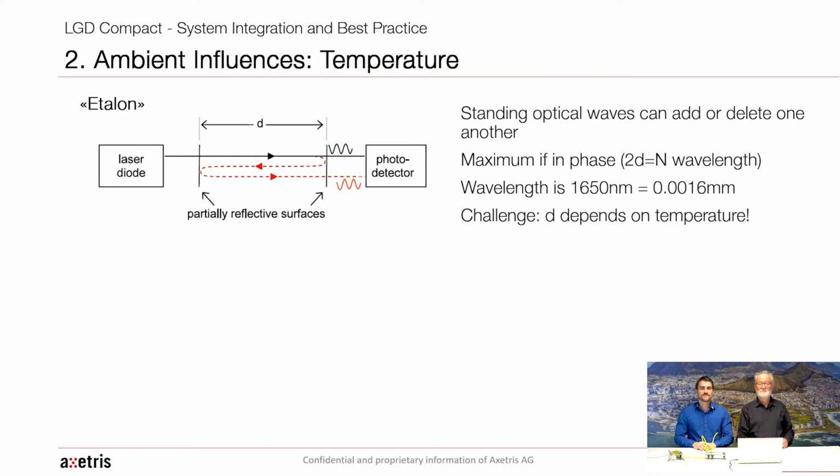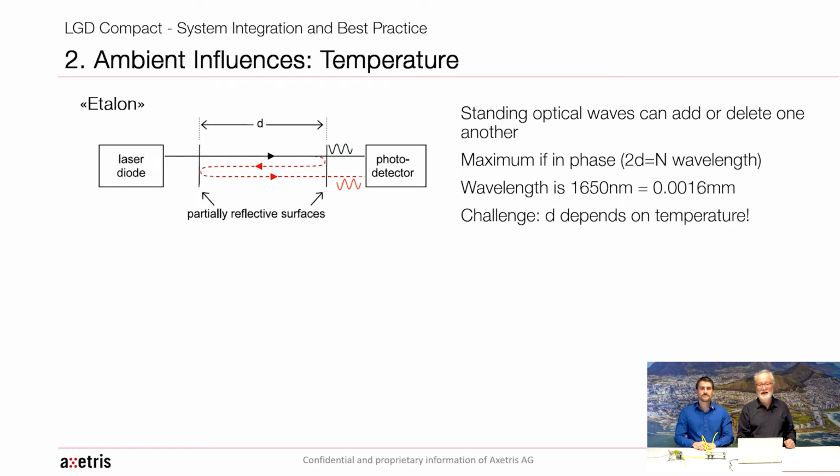Now, if for instance there is some reflection on the two windows of the gas cell, another second optical path is possible, shown in red. And this path goes from the second window back to the first and back again.